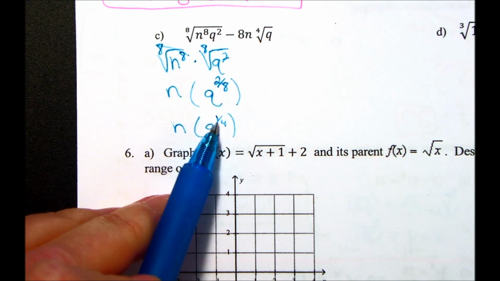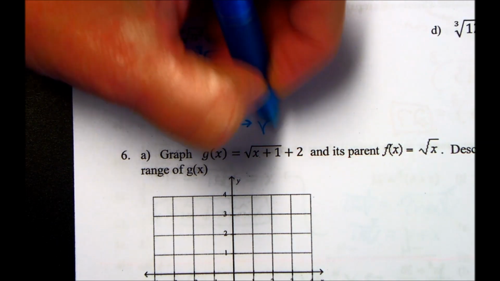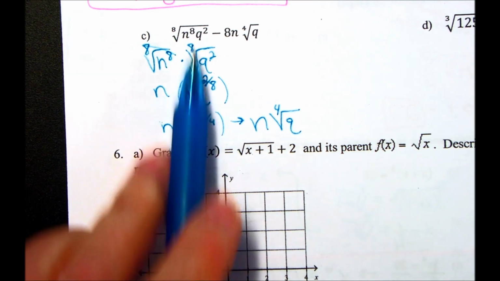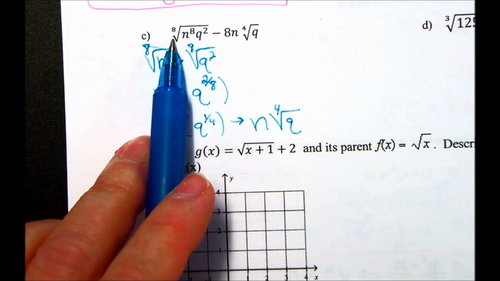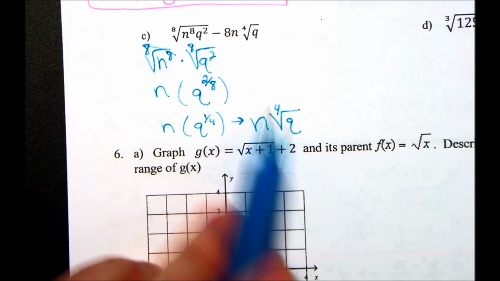So that fraction could reduce to 1/4, and then q to the 1/4 power is equal to the 4th root of q. So this expression here, simplified, gives us n times the 4th root of q.